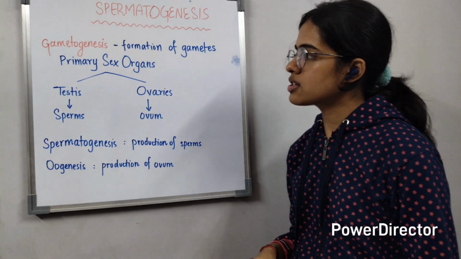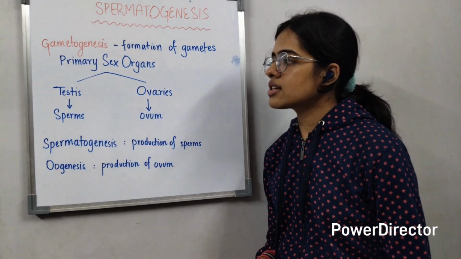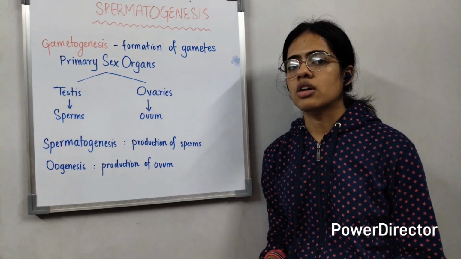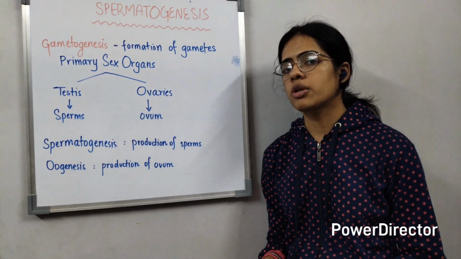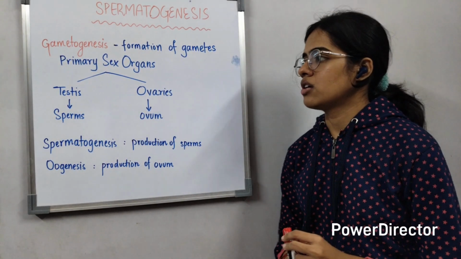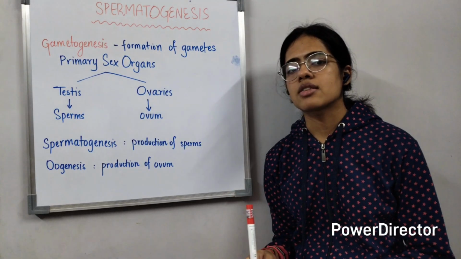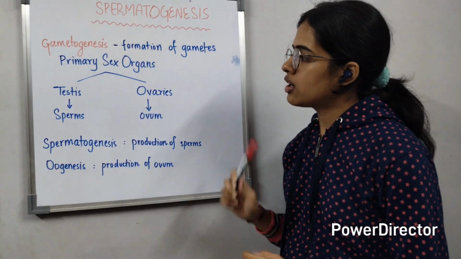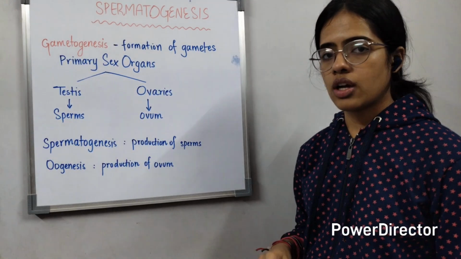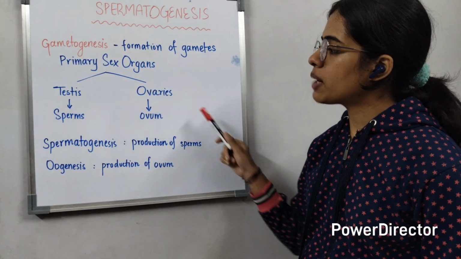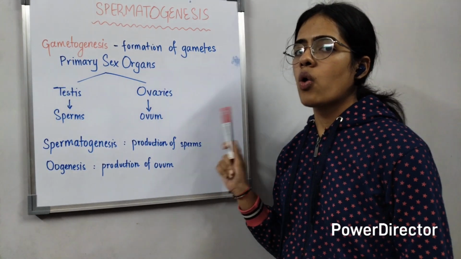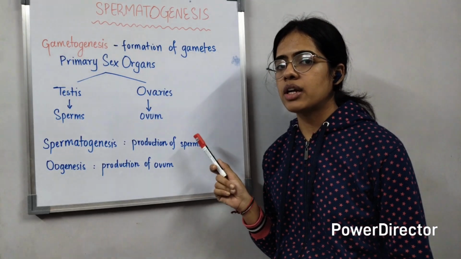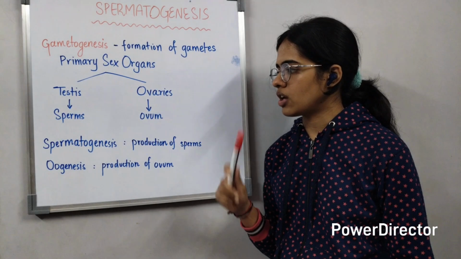So testis is found in males and it is responsible for the production of sperms. Sperms are the male gametes which contribute to sexual reproduction, and ovaries in females help in the formation of ovum. Ovum is the female gamete.